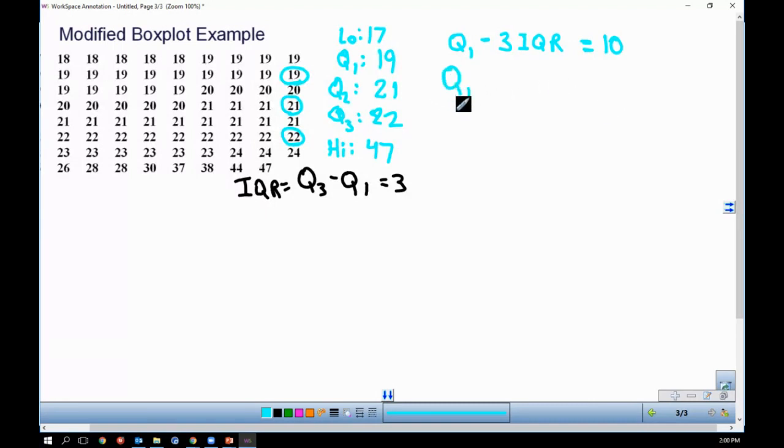Then we do Q1 minus 1.5 IQR. What would that give us? 14.5.